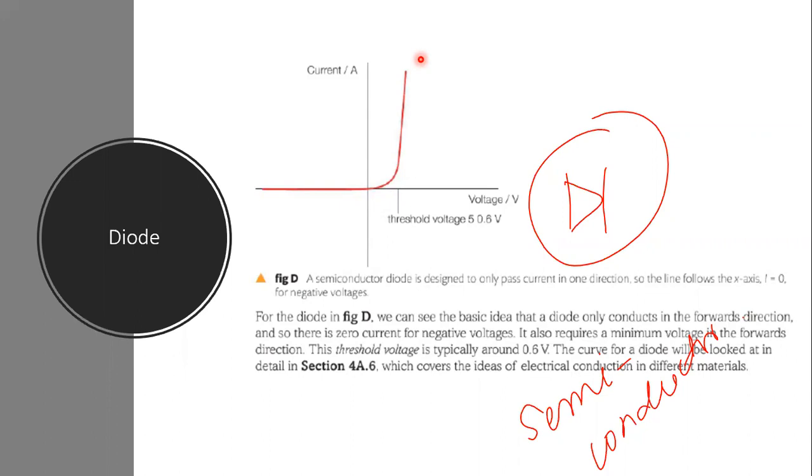There's a certain threshold voltage, a certain requirement. As soon as the diode meets that threshold voltage, the current will increase. This threshold voltage is like the minimum requirement. But generally speaking, the current is only going to be transmitted in one particular direction, the positive direction.